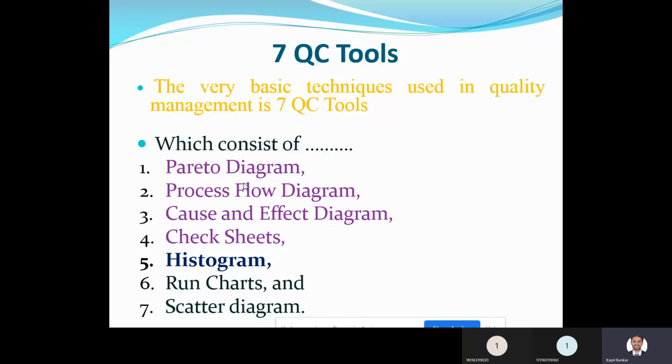So this is the diagram in which a number of causes lead to one effect. That effect is written on the right side, and the whole structure looks like a fishbone. That's why it is known as the fishbone diagram, cause and effect diagram, and Ishikawa diagram.